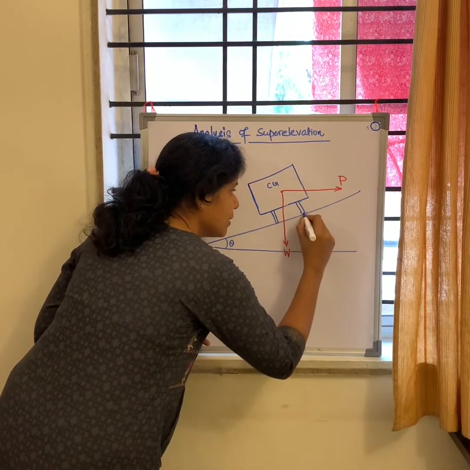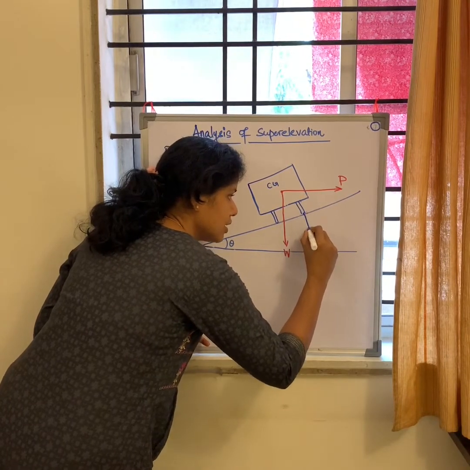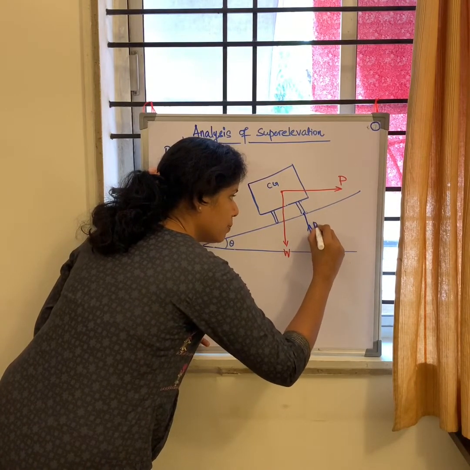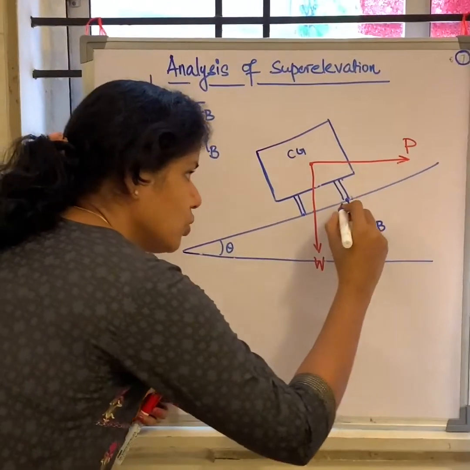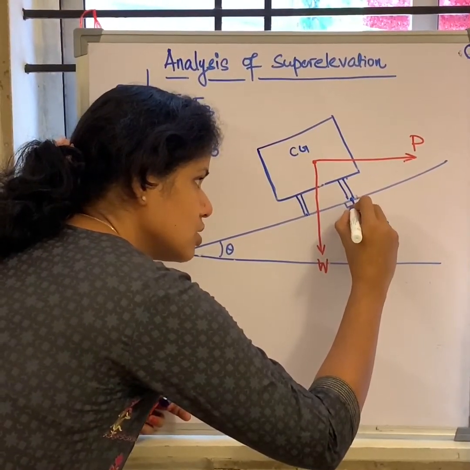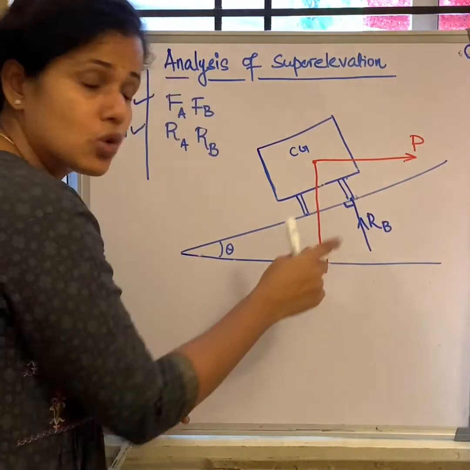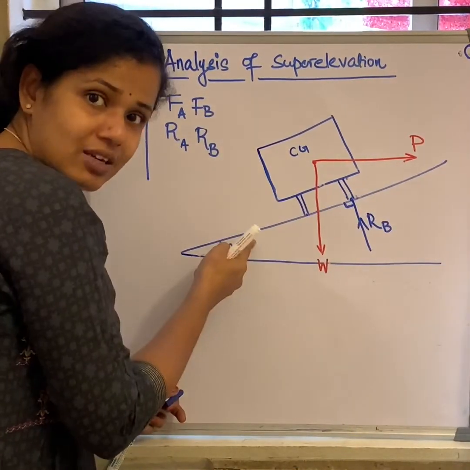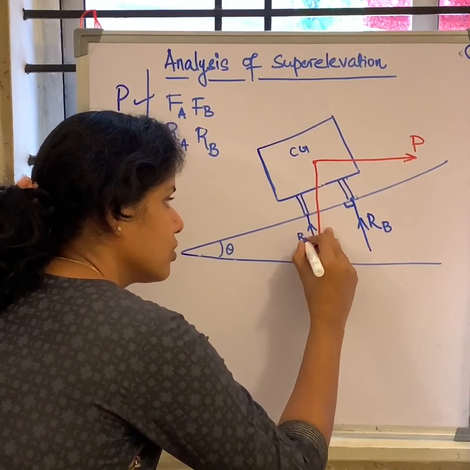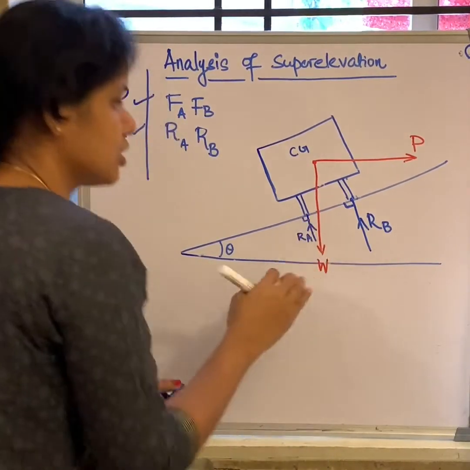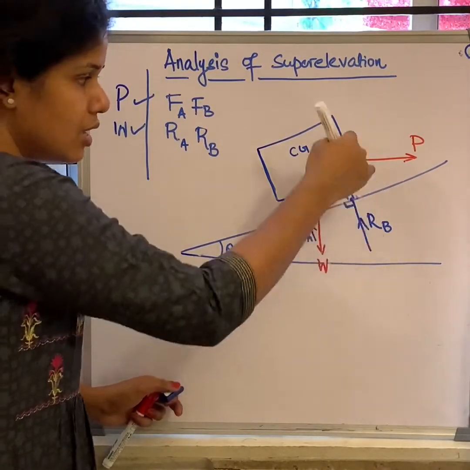So at the wheelbase, reaction RB, assuming outer wheel edge is B. So, this is what I meant. Can you see this normal reaction? Normal to your inclined surface. Similarly, one can mark RA. So this is also a perpendicular reaction. So RA, RB we have marked.